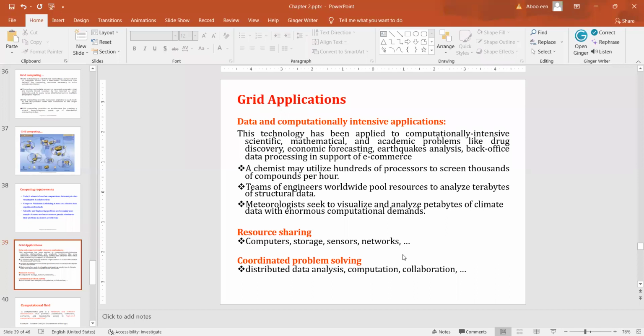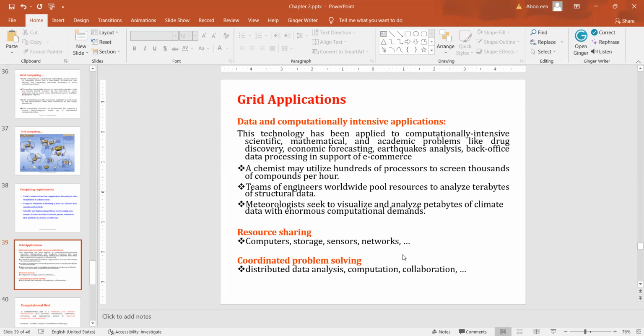They are applying grid computing to mathematical modeling, so mathematical calculations, computations, and simulations. They use it for engineering tasks, academic problems, and research activities, and in the medical field for drug discovery, to find drugs, so medicines.